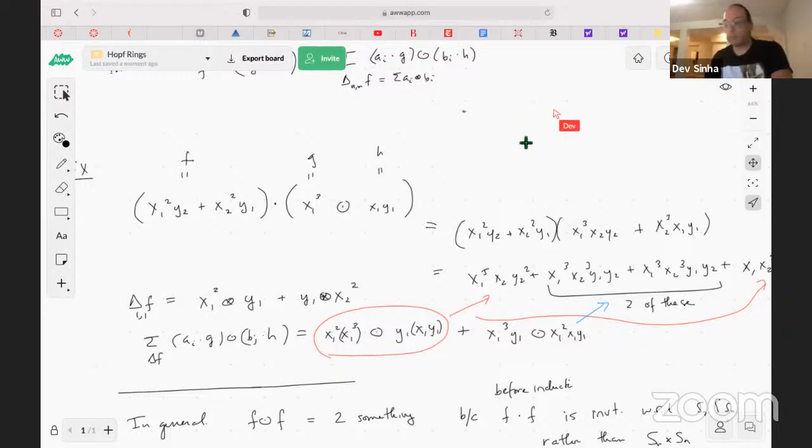Let's see, so x1 squared y2 plus x2 squared y1 times the transfer product of x1 cubed with x1 y1.